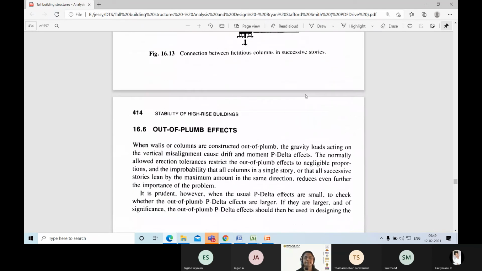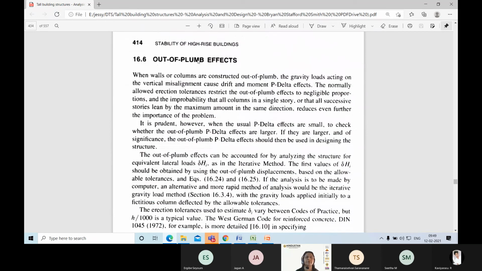Okay. Now the next most important instability or stability effect is mainly due to out of plumb effects. Out of plumb, I also explained last class. Out of plumb means there is a misalignment between the axis of the column and the loading.